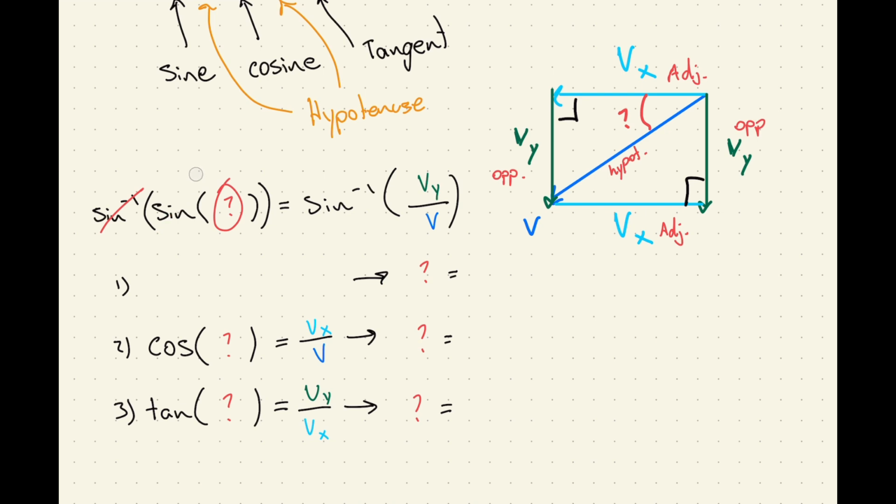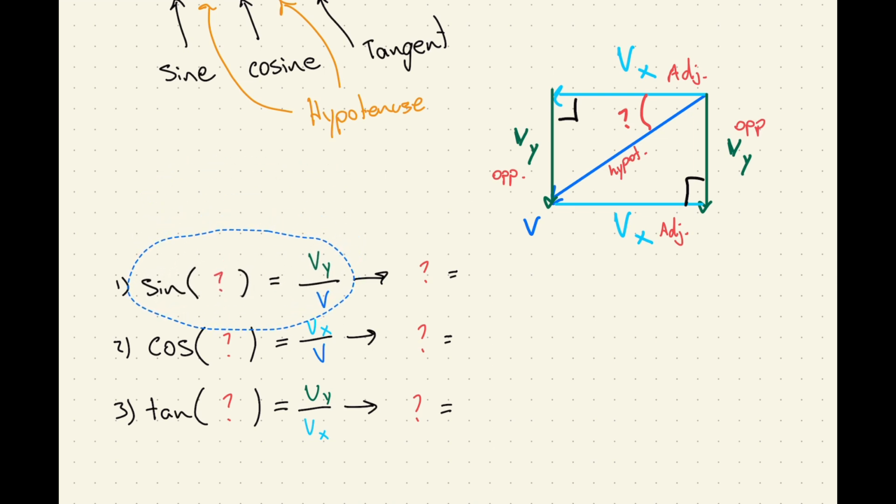And if you guys are okay with that, I'm going to erase this here and bring back my original equation. So I have this whole thing here. Now I can write sine inverse of Vy over V. Here I have cosine inverse.